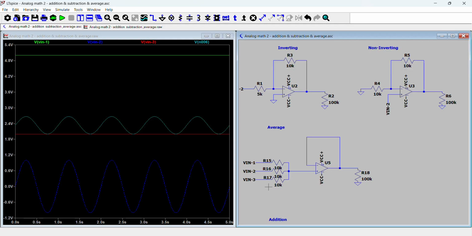A disadvantage of the circuit is that the lower voltage inputs will actually have to sink current. So you'll have to have a voltage source that can both sink and supply or source current. And sometimes that's not the case for certain current sources.